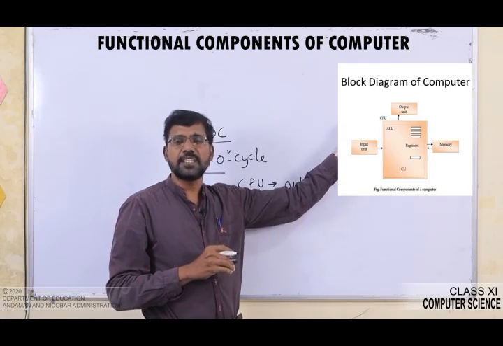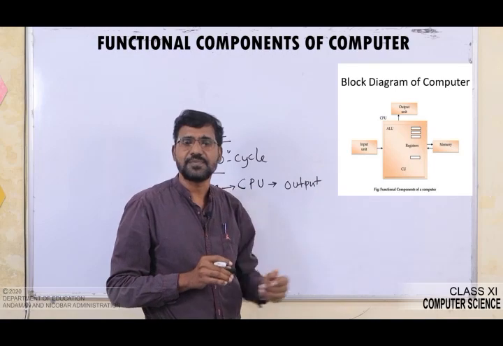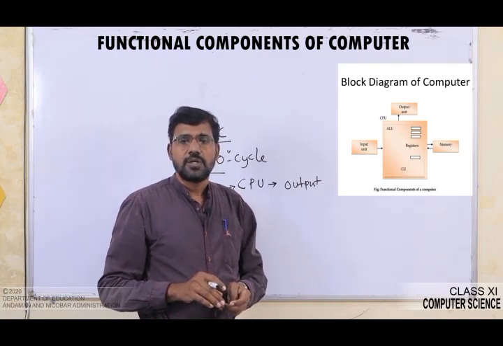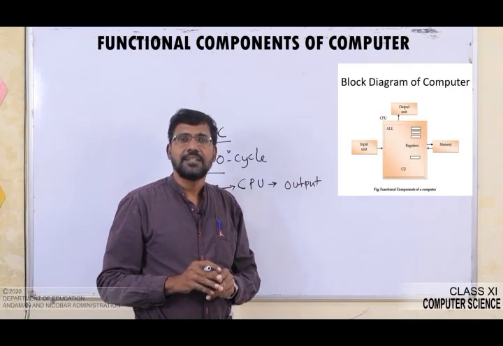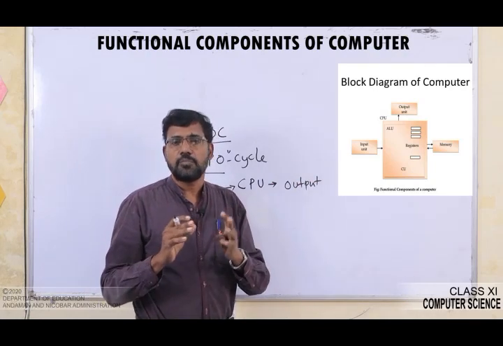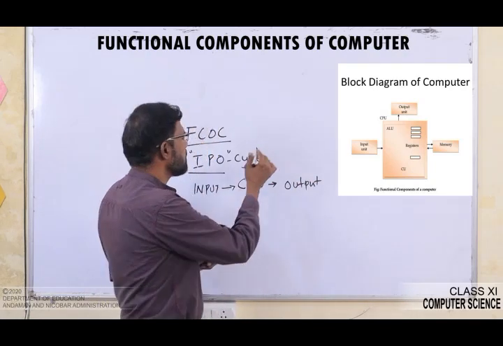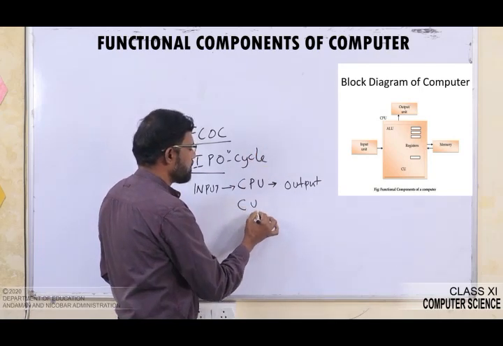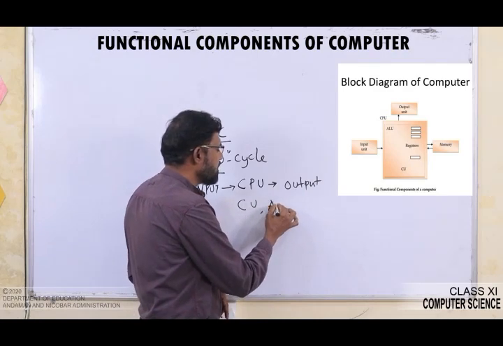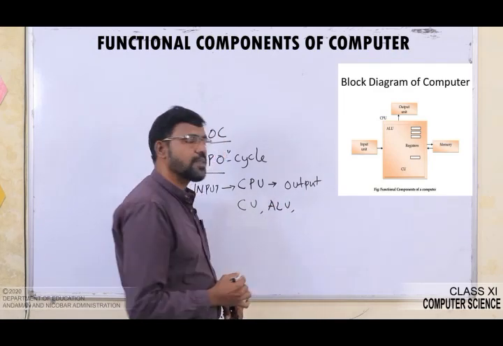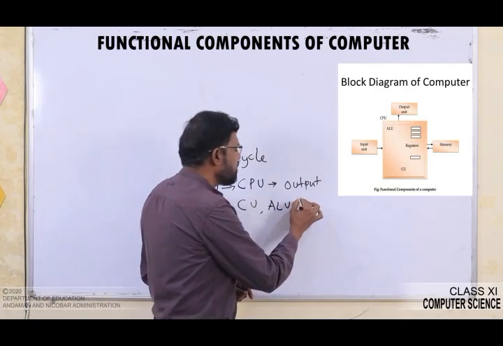What is happening in the central processing unit? The central processing unit itself has three parts: the control unit, the ALU (arithmetic logic unit), and the memory unit.